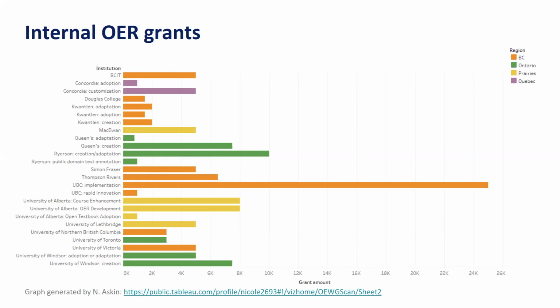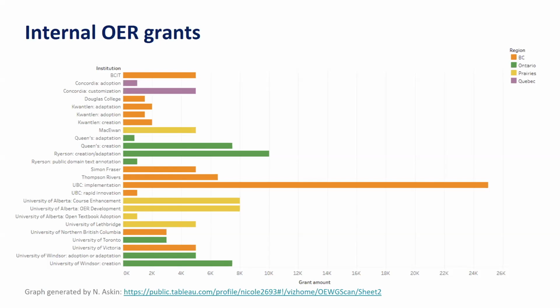Most of the institutions that offer internal OER grants are in British Columbia, so those are the ones appearing in orange. That's followed by Alberta, the ones in yellow, and then by Ontario, the ones in green. Of these 19 institutions, 16 are universities.